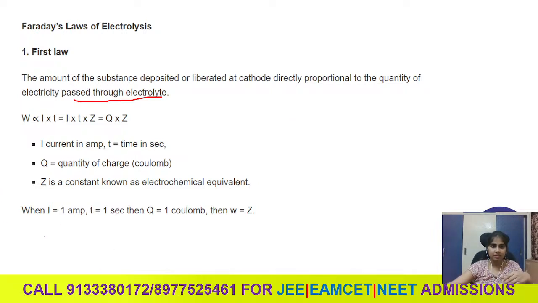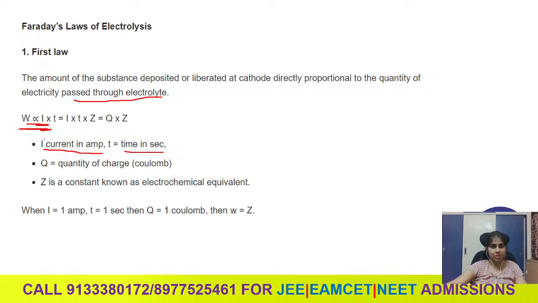Here it is given that the amount of the substance deposited is directly proportional to the current passed, that is, W is directly proportional to I into T, where I is the current in ampere and T is the time.